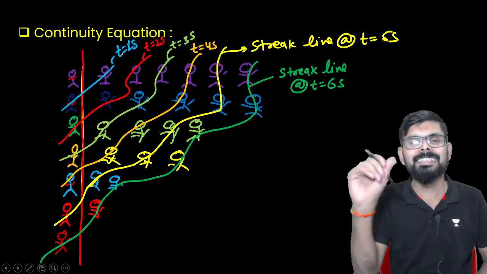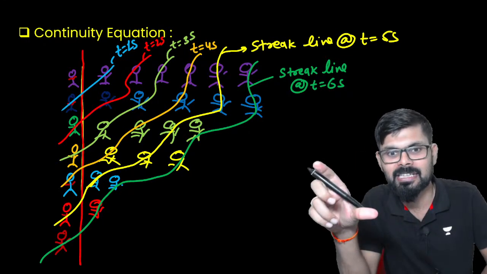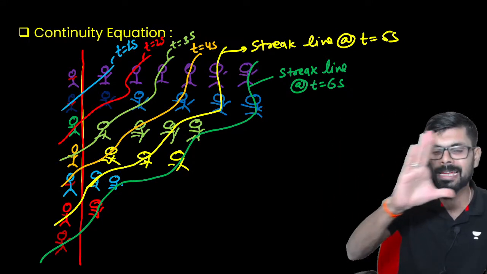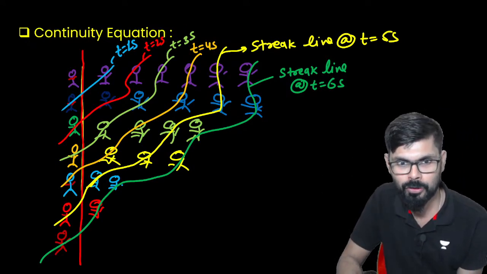So all these are the streak lines basically. All these are the streak lines at a particular stage. So this is at 6. So every time it is changing. You are getting my point or not?